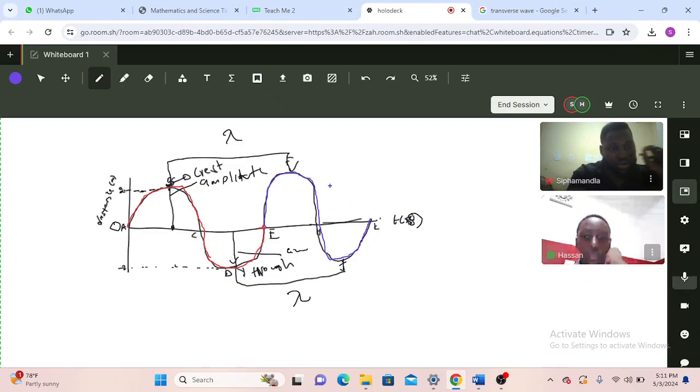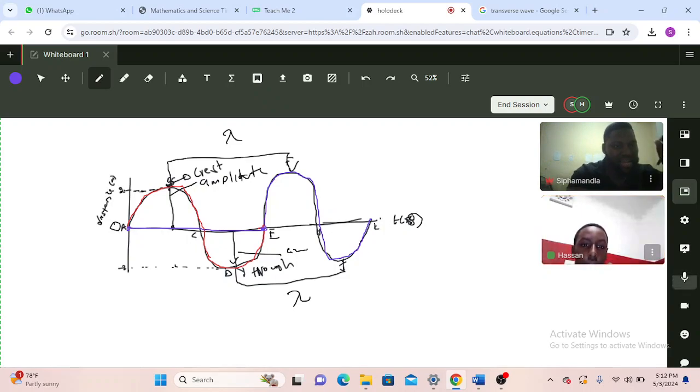Most people know that the wavelength is the distance between the crest and the crest, and the distance between the trough and the trough. You can also identify the wavelength because it is the distance it took to complete one full cycle. So it's the distance between here and here. That distance is also the wavelength.